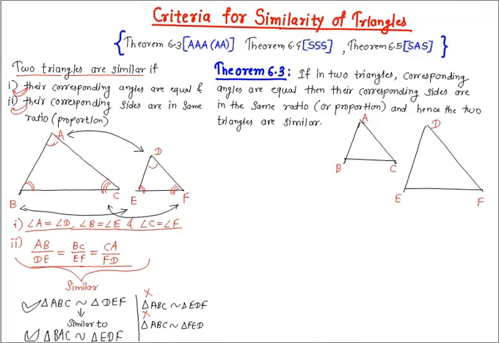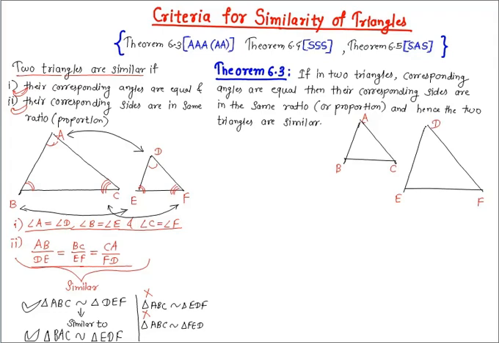It states that if in two triangles corresponding angles are equal, then their corresponding sides are in the same ratio or proportion, and hence the two triangles are similar.